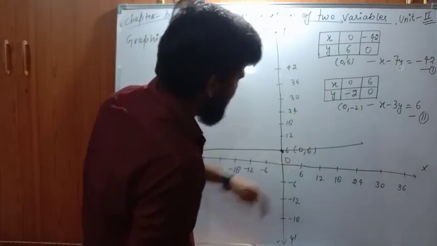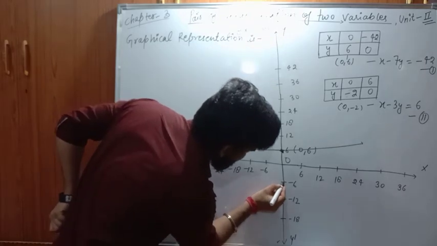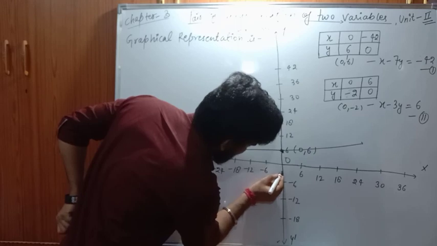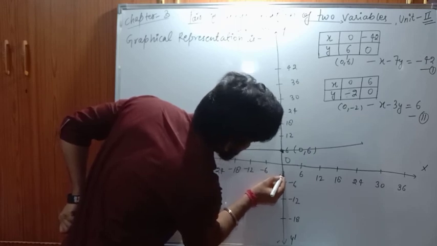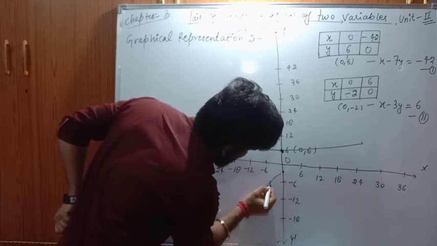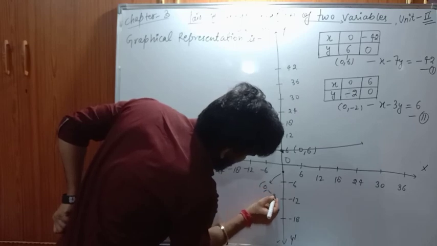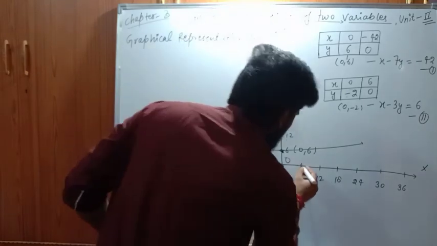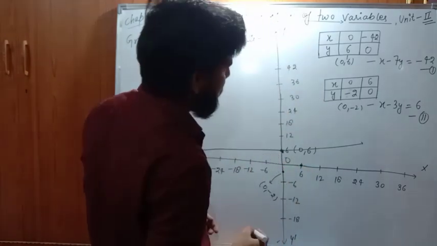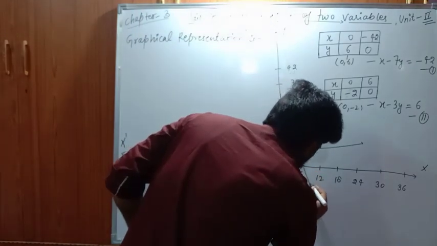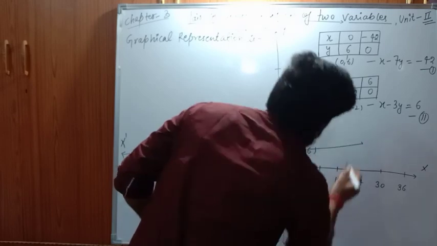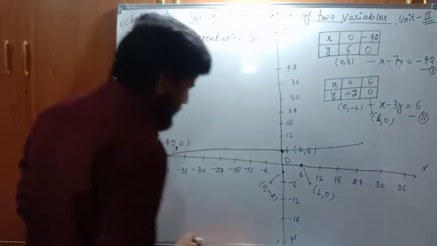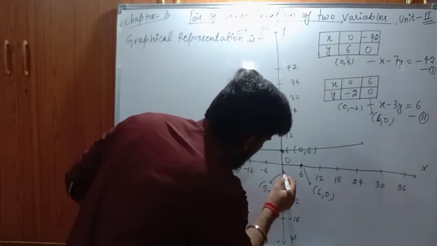See here y is -6, so here approximately -4 and here is -2. Okay, so here we get the coordinates 0, -2, and in the second, x is 6 and y is 0, so here 6, 0. Again we join these points.